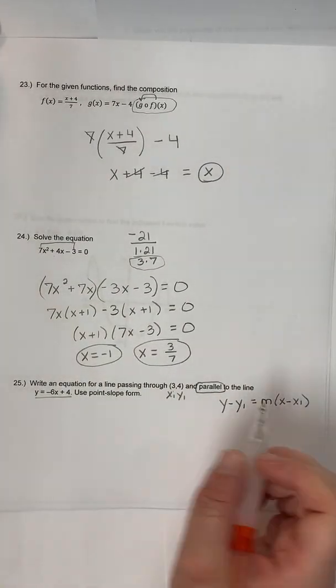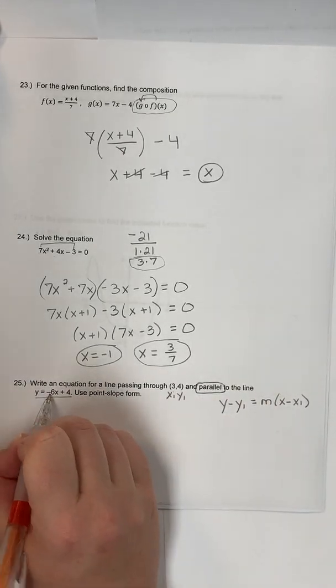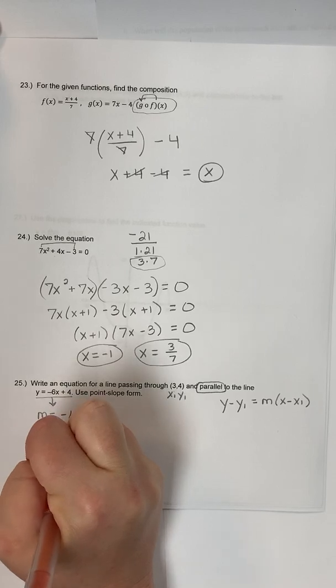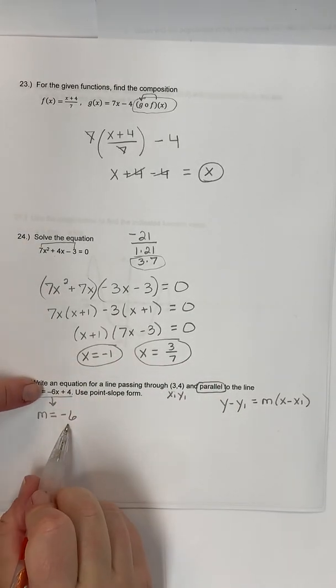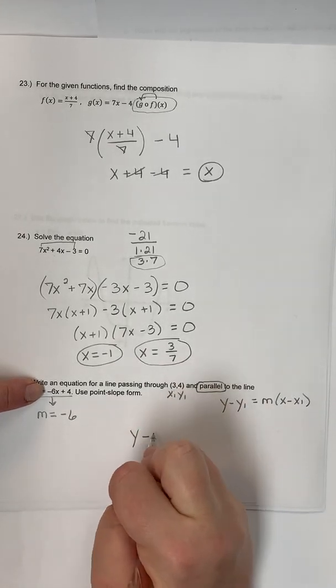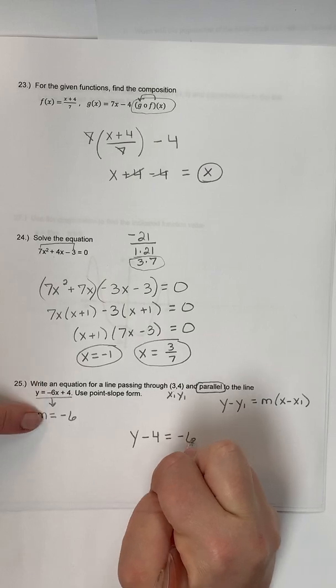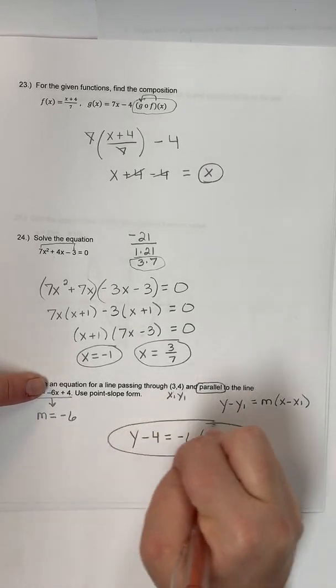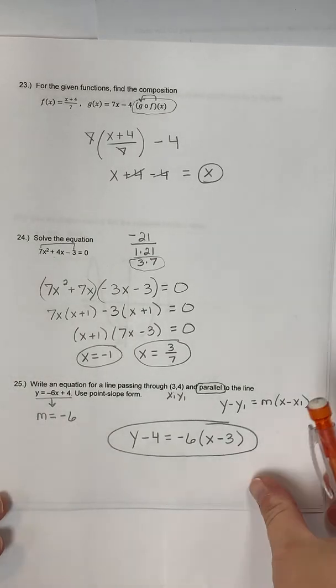Well, I have a point. Now I need a slope. We want to be parallel to him. Just so happens his slope is negative 6, and if I want to be parallel, I keep the same slope. Okay, so y minus 4 equals negative 6 times x minus 3. There we go. Easy enough.